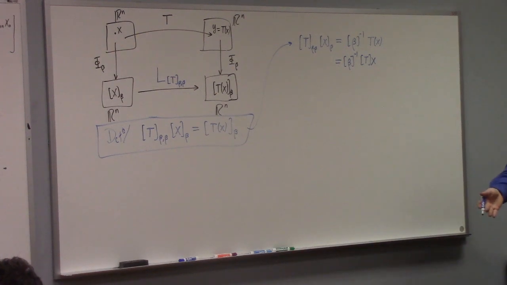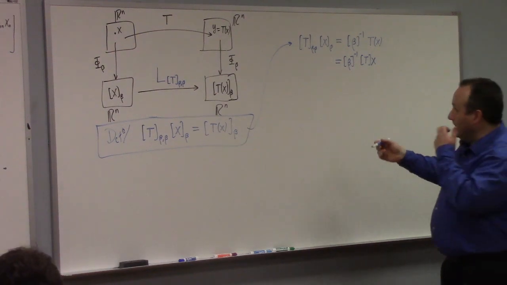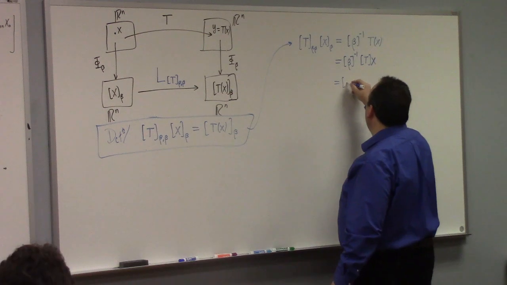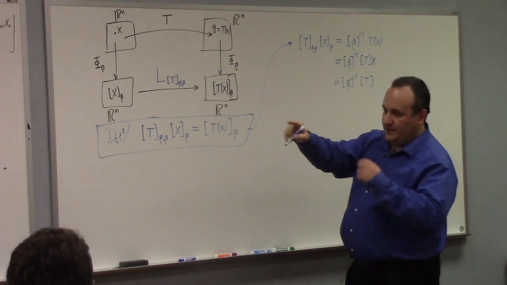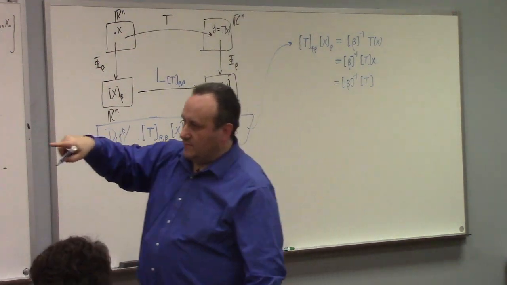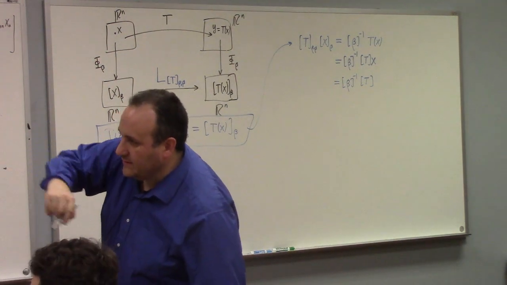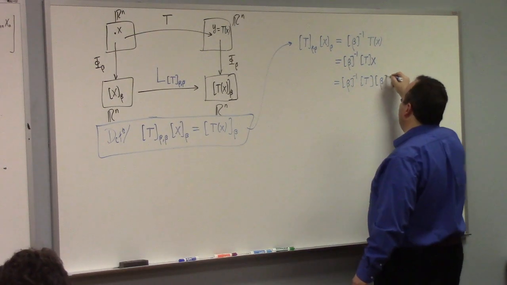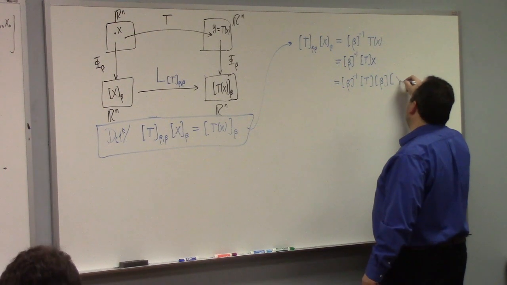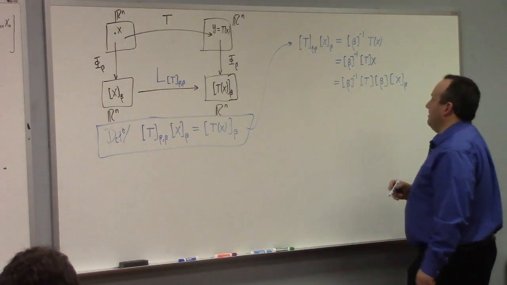But we can rewrite x in terms of the beta coordinate system. How? Remember, we had it over here. x is equal to beta times the coordinate vector x beta.